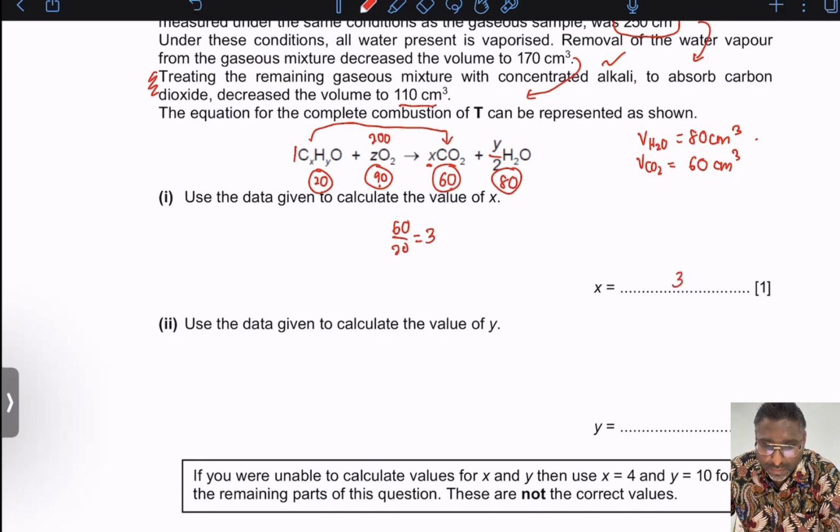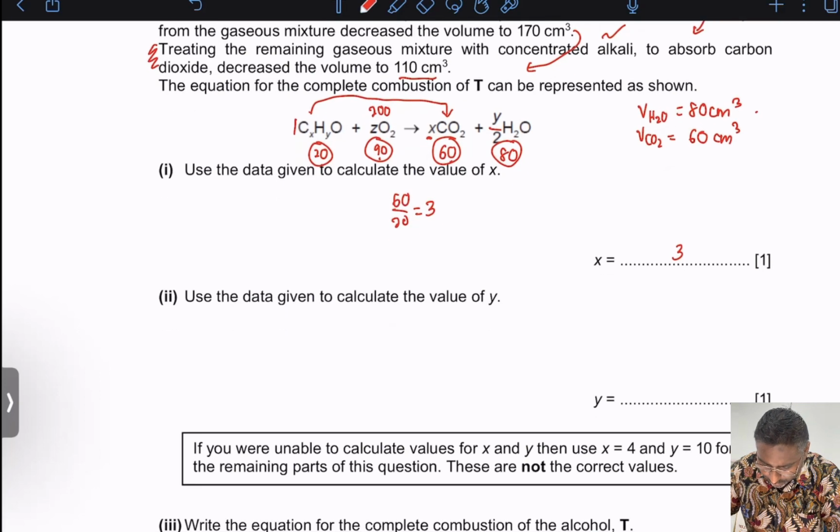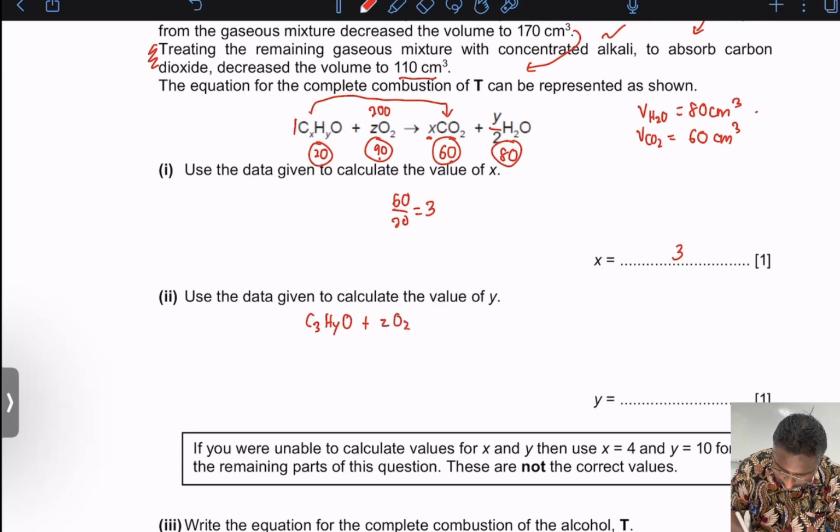Now I know X is 3, so let's calculate for Y. How do I calculate for Y? If I have C3HYO plus ZO2 to give you 3CO2 plus Y over 2 H2O.